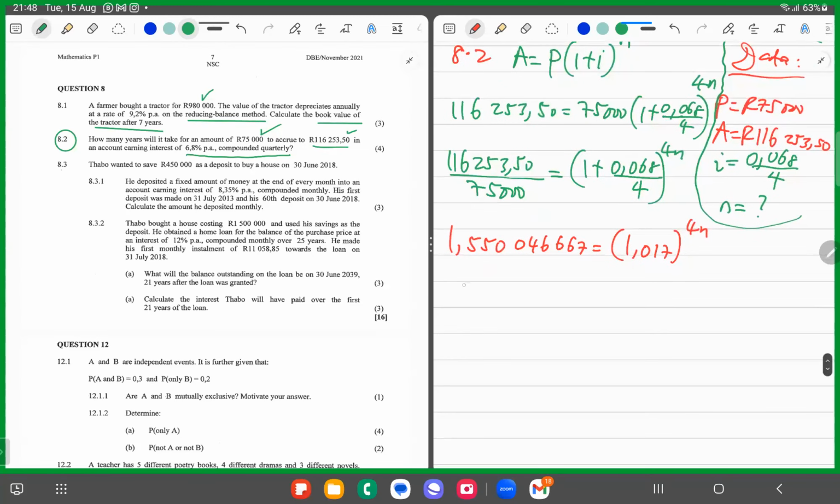Using the log, take the log on the left, which is 1.55004667, which equals 4n times the log of 1.017.